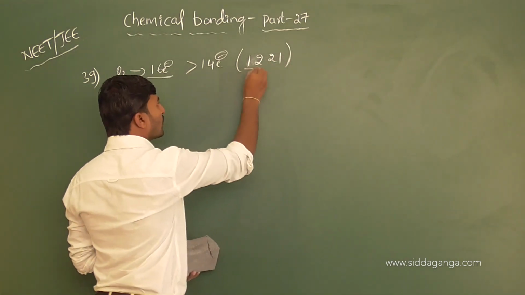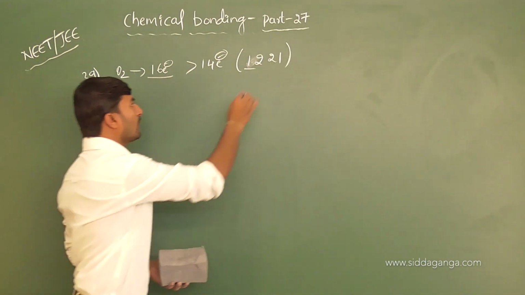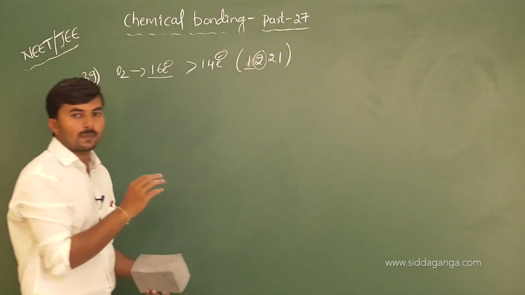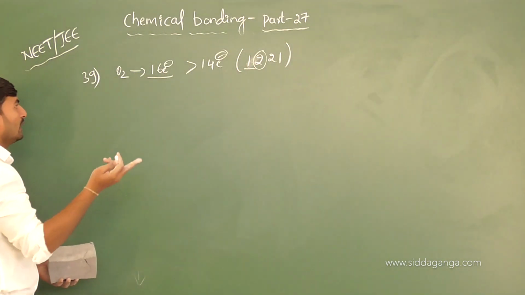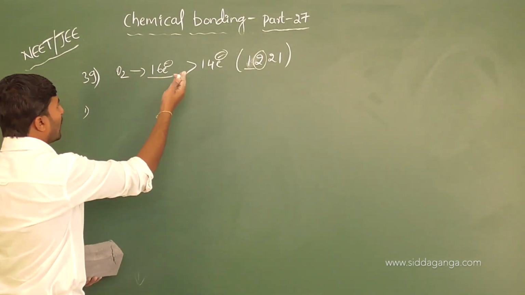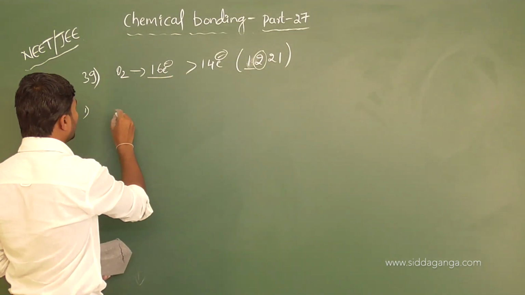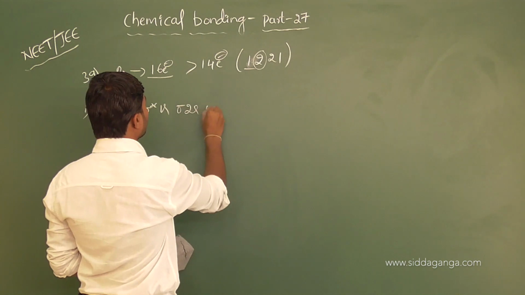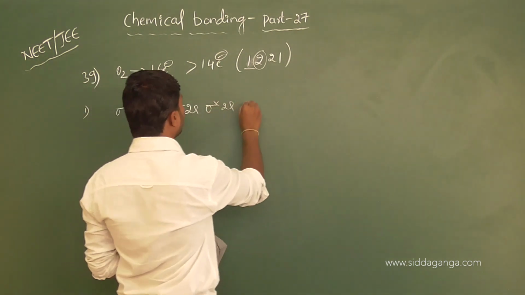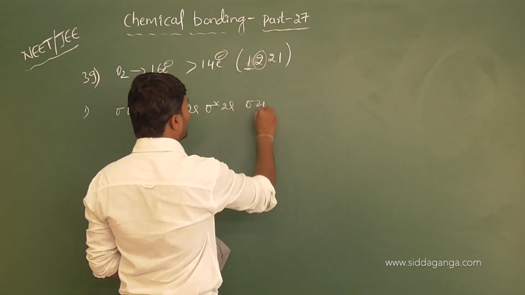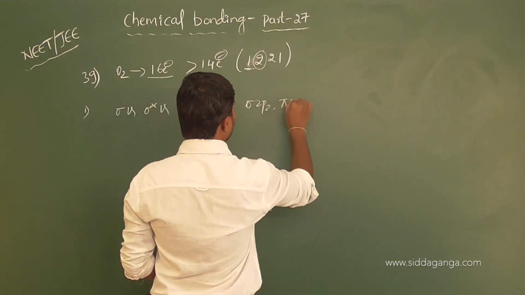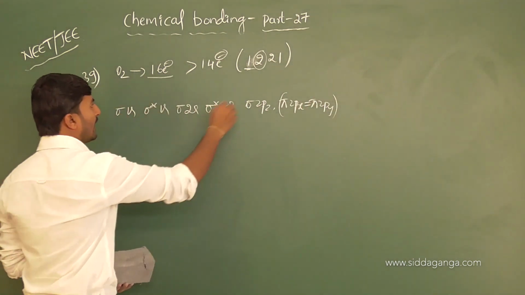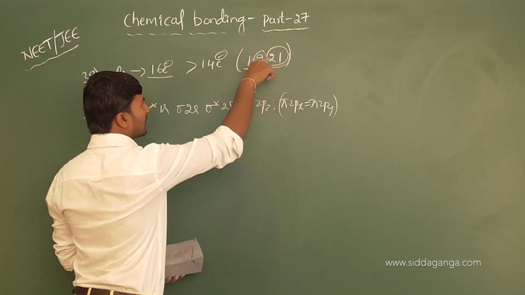1 2 2 1 means first sigma 2pz comes, you should remember that, followed by 2, that is pi 2px, pi 2py, which come after sigma 2pz. What will be the molecular formula of this O2 molecule according to MOT? Sigma 1s, sigma star 1s, sigma 2s, sigma star 2s. 1 means sigma 2pz, followed by 2 means pi 2px is equal to pi 2py. Again these two are common, pi star 2px, pi star 2py.